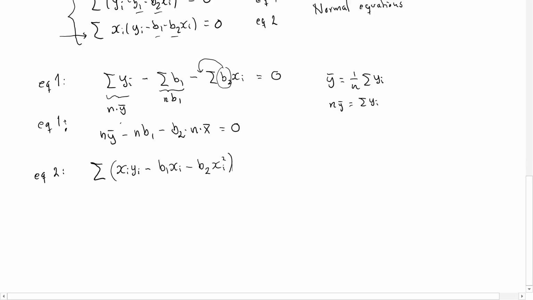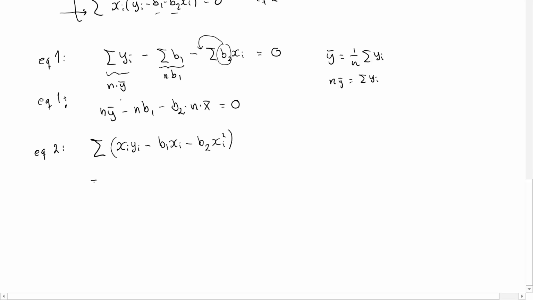Now I can divide this up into 3 sums: summation xi yi minus summation b1 xi minus summation b2 xi squared. The first sum I can't really do anything with.